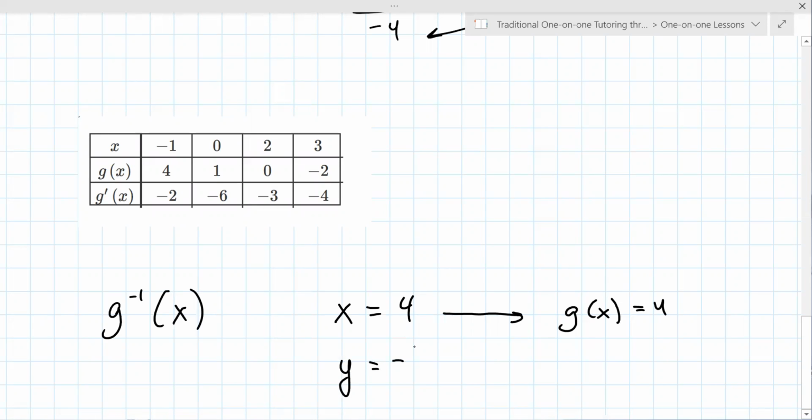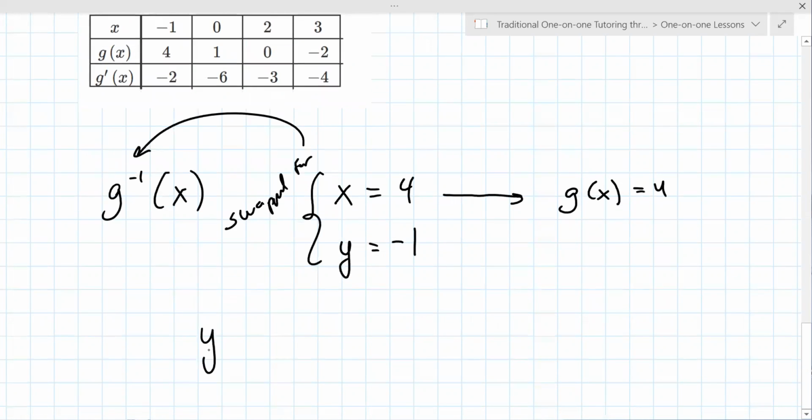So y is -1 because these are flipped or swapped for the inverse. And then if you want the G prime of X value, it would be -2. That's right. And then you would write your equation here of y minus -1 equals -2 times x minus 4.